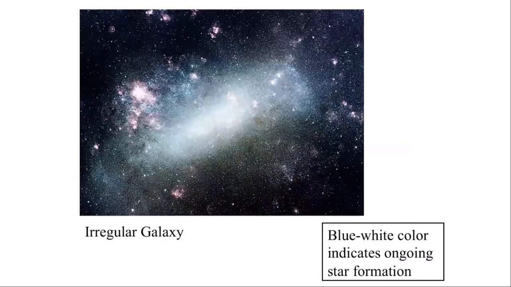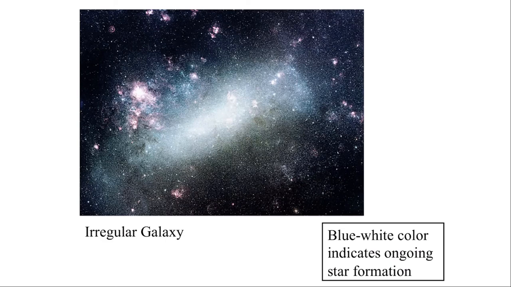Okay, the final grouping of galaxies is the grab bag that contains every other galaxy that doesn't fit into one of the categories we've already mentioned, and that is irregular galaxies. This is an example of the Large Magellanic Cloud. This is a satellite galaxy to the Milky Way, and it looks kind of like an elliptical galaxy, right? It doesn't have a disk component.